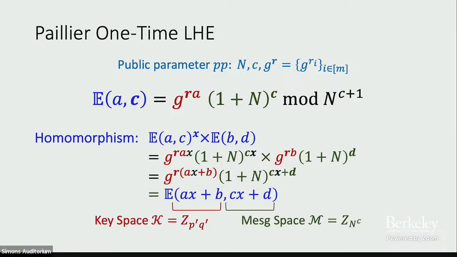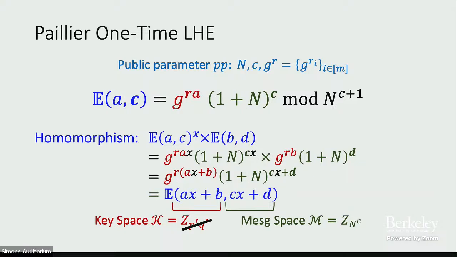Now, what's the problem? The message space is some Z_{N^c}. Let's pretend for a second that this is the space we want, the same as the ring computation. But the key space is something really weird, right? It is this hard group exponent space, and in fact, it has unknown size. But I can always pretend that the key space is just over the integers, right?